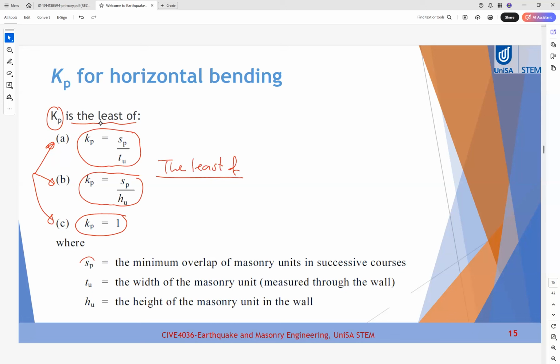What is SCB? SCB is the minimum overlap of masonry units in successive courses. As you know, mostly the overlap is half of the brick. So if these are two successive courses, this is the overlap.